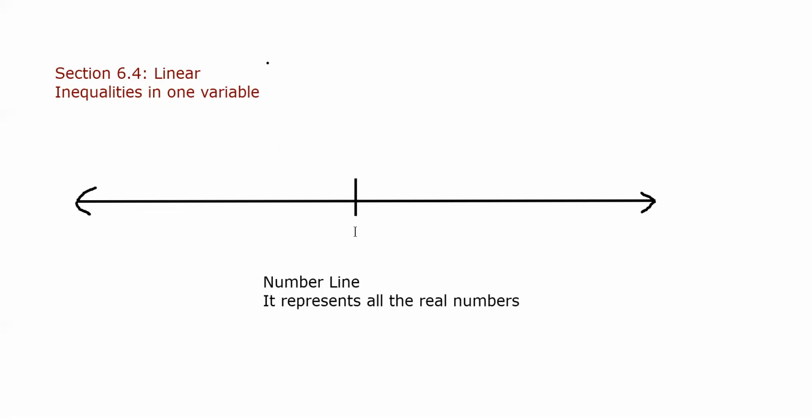Now, usually, but not always, we'll center our number line at 0. And so all the positive numbers are over here on the right.